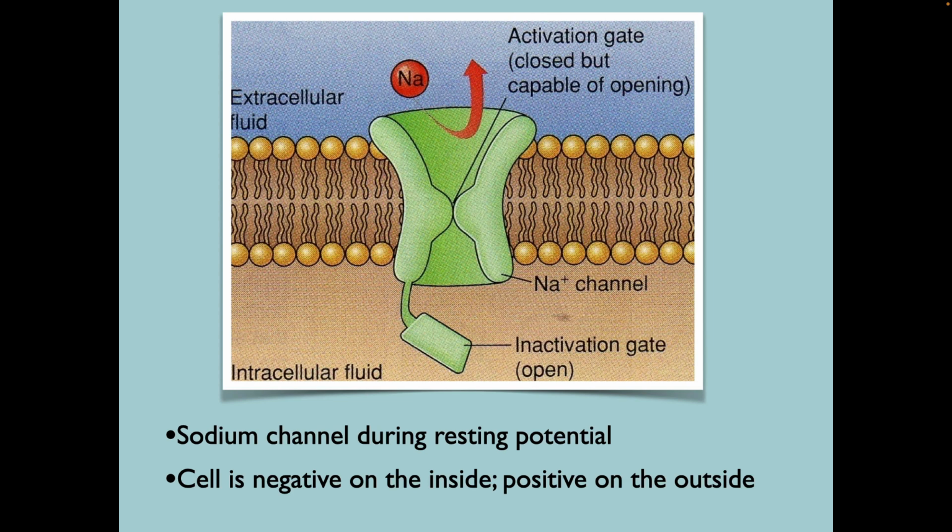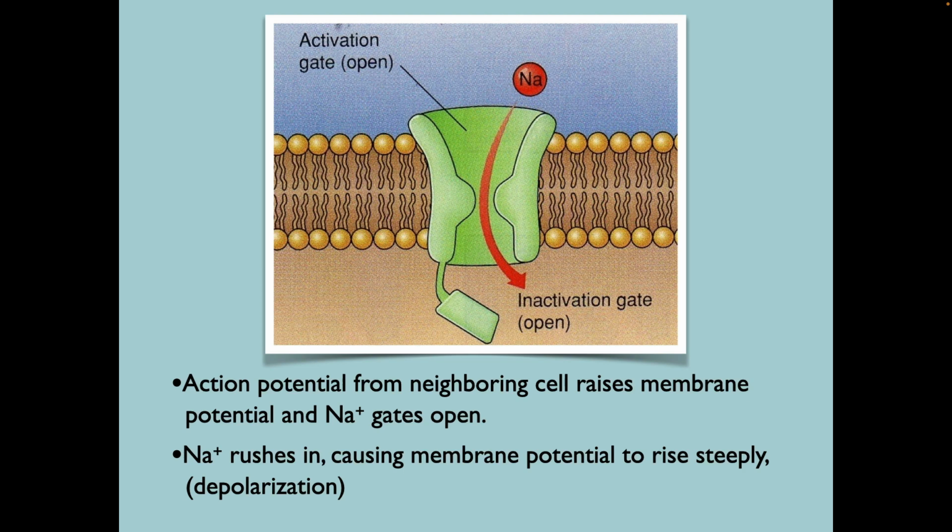So the reason sodium is built up is the sodium channel is closed. It's trying really hard to get in. It can't. Then the cell gets its bump from the neighboring cell, and what that does is it raises the charge up a little bit, just enough so that the gate opens, sodium goes flooding in. Action potential from neighboring cell raises membrane potential, sodium gates open, sodium rushes in, that's depolarization.